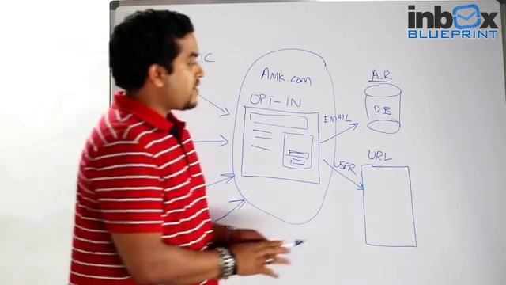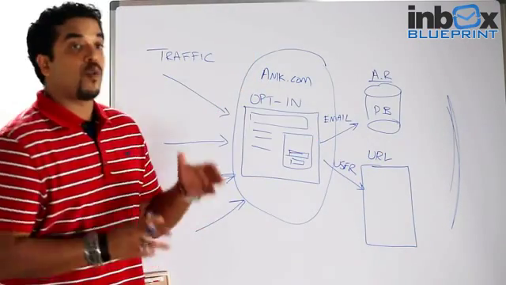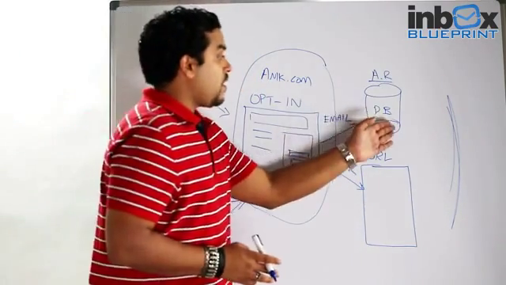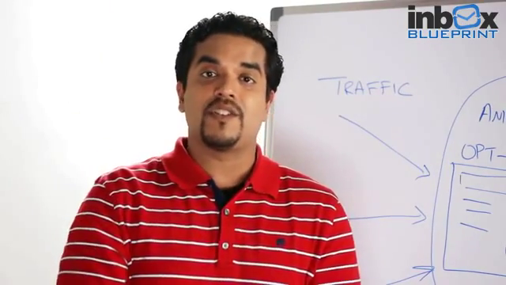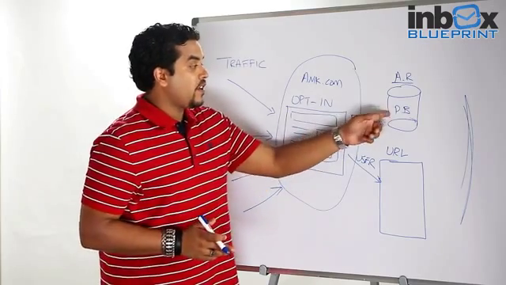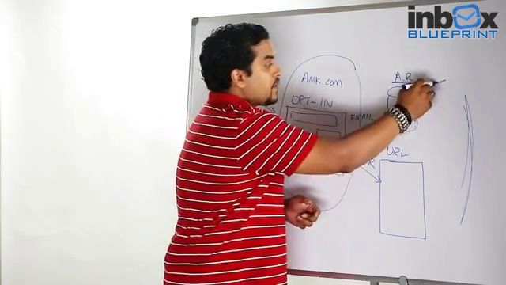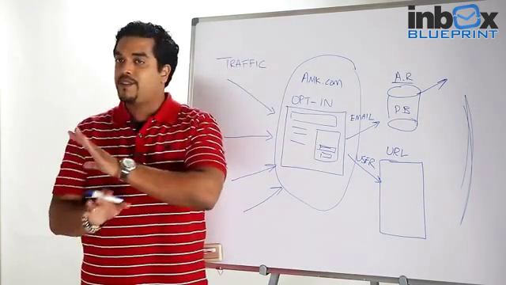Now, there is stuff that happens over here. Okay? There are things that happen here. For example, once they go into the autoresponder, I'm going to show you how to set up a series of messages that go out immediately. For example, as soon as their email goes to the autoresponder, it immediately shoots an email to them on your behalf. You don't have to do anything.